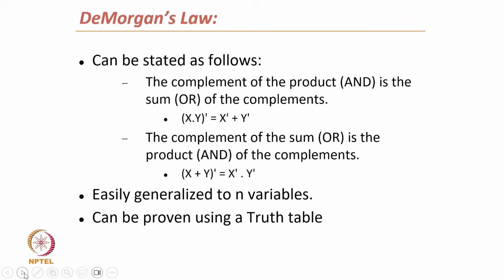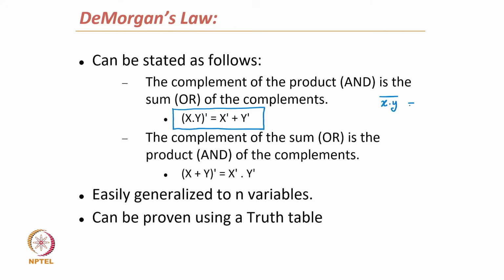Then we come to a very important law of Boolean algebra, which is De Morgan's theorem. The De Morgan theorem can be stated as follows: the complement of the product is the sum of the complements. Let us say we have two literals x and y, and there is an overall negation, an overall bar on top.